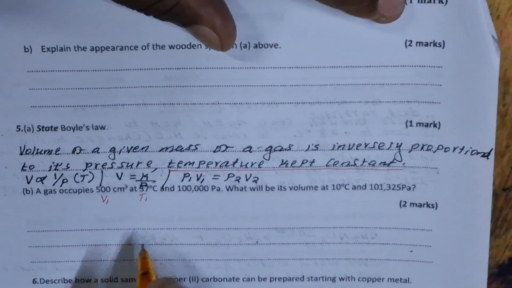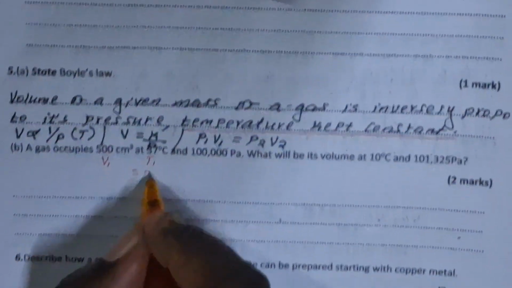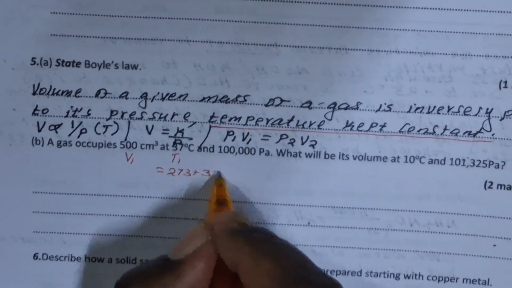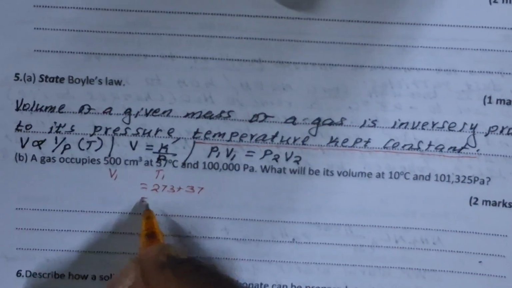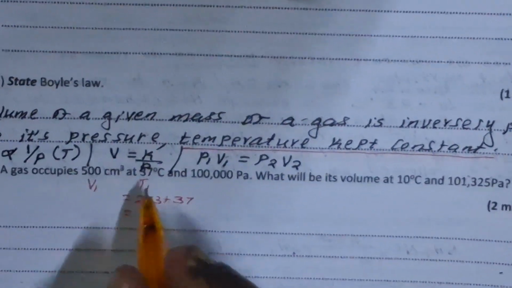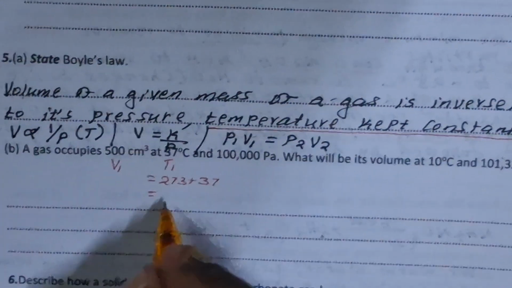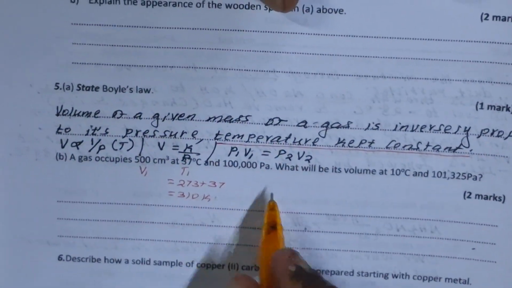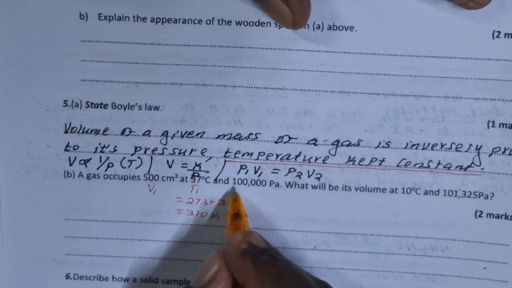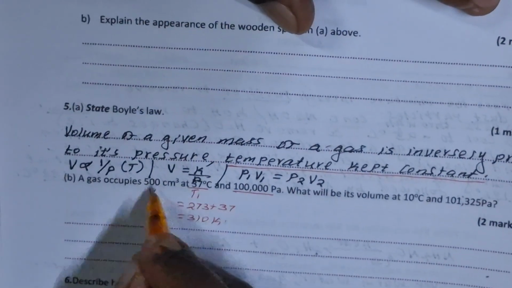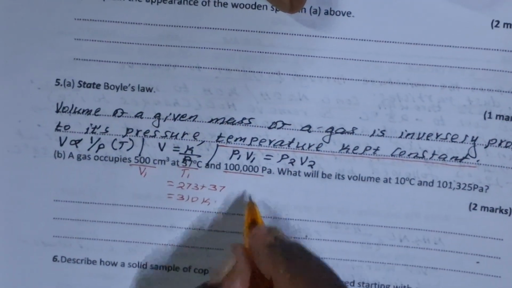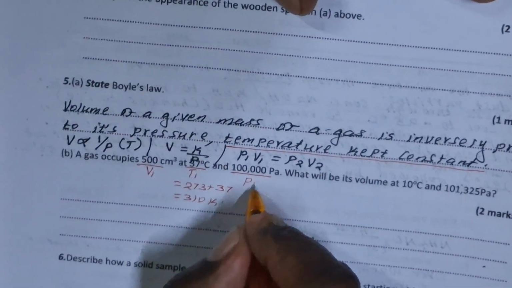So this temperature 1 is supposed to be 273 plus 37, which is going to give us 310 Kelvin. So that is temperature 1. Then you have this value here, 100,000 pascals. This is pressure 1.